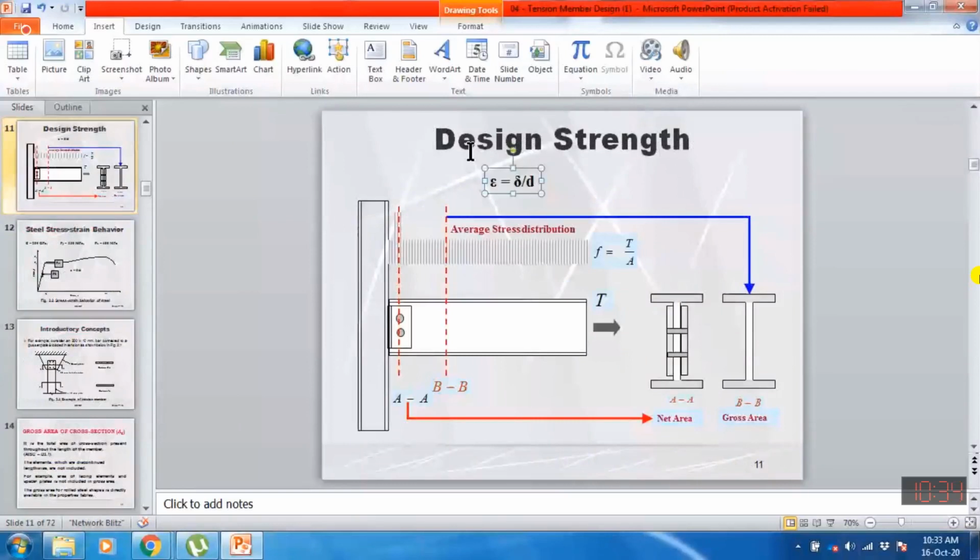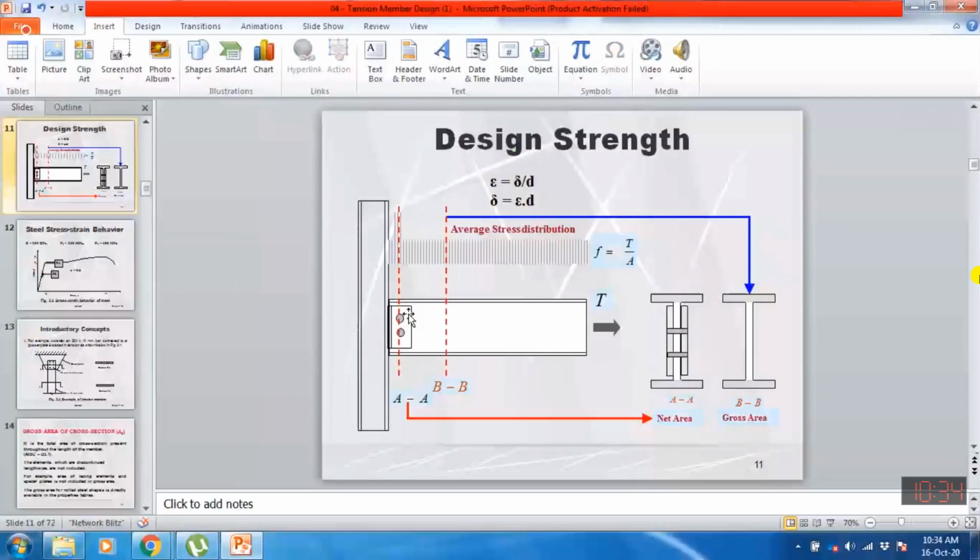And if I want to determine the change in length, this delta will be equal to this strain value multiplied by this diameter. So actually, the change in length will occur only over this diameter, because the length of the net section is just equal to diameter. So net section is the section where we have punched the hole.